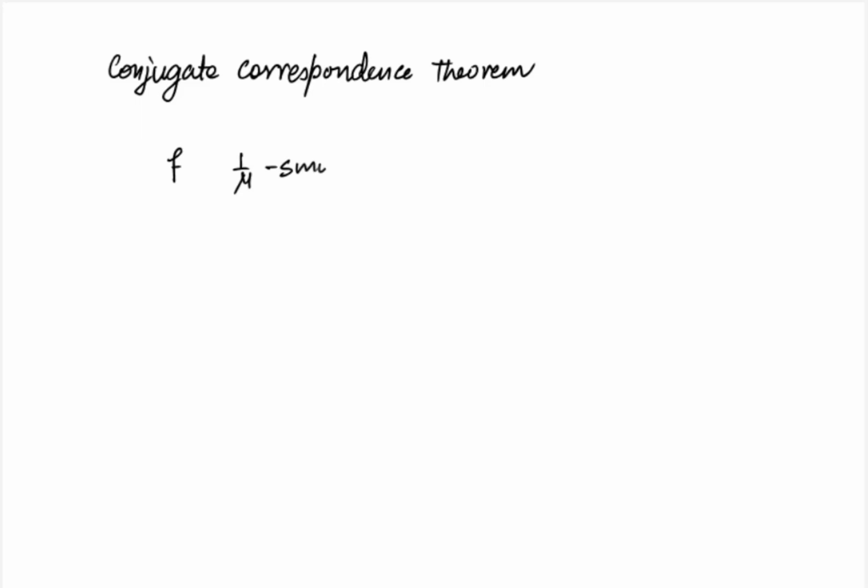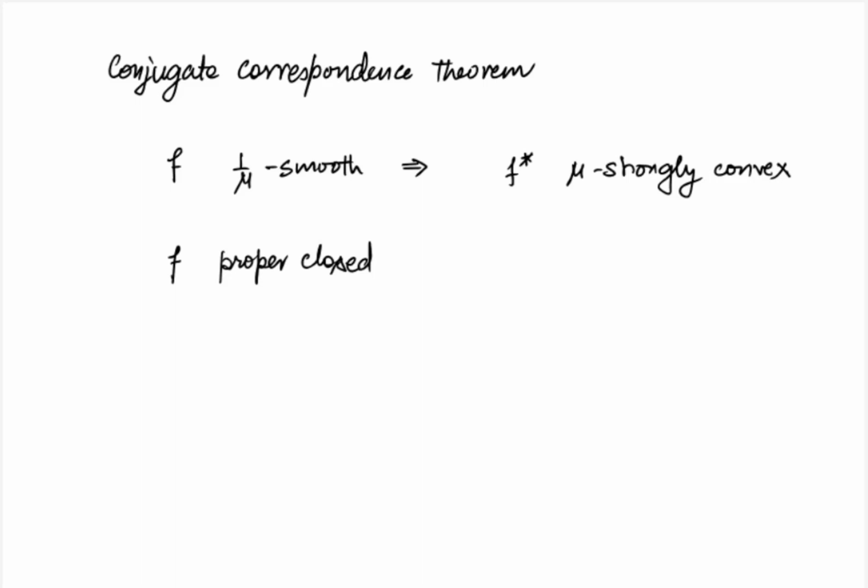If a function f is smooth with parameter 1 by mu, then its conjugate f star is strongly convex with parameter mu with respect to the dual norm. If f is a proper closed mu strongly convex function, then its conjugate f star is smooth with parameter 1 by mu.